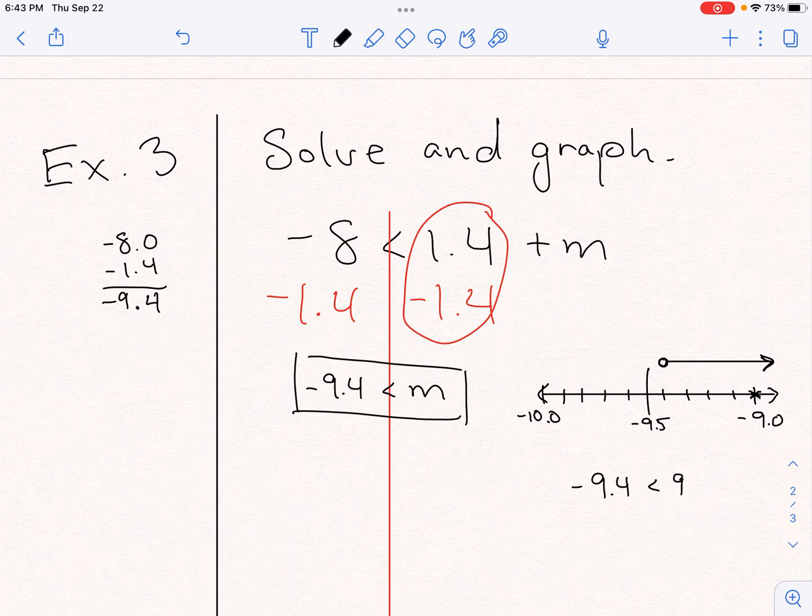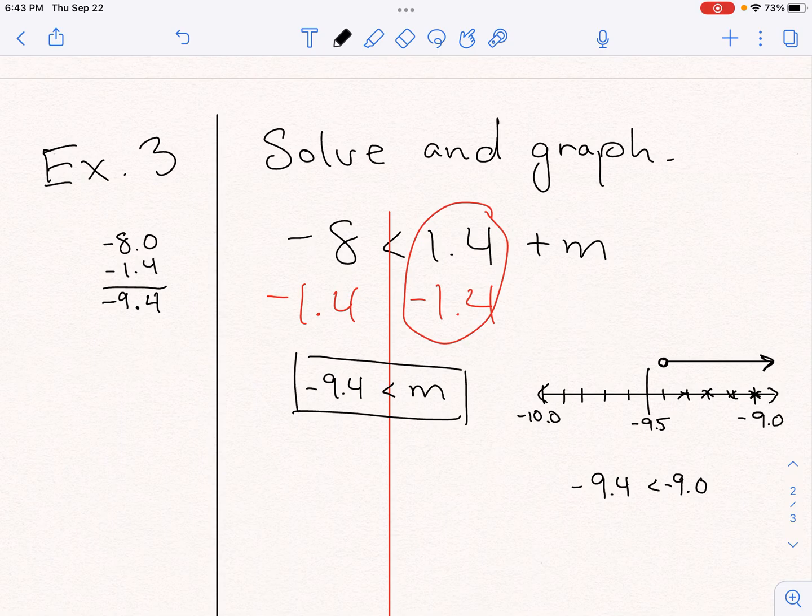Is owing $9.40 less than owing $9? Yeah, you're owing more money, you're more in debt, more in negative. So it's a true statement. So all these numbers to the right of this, negative 9.1, negative 9.2, negative 9.3, are all values of our solution set.